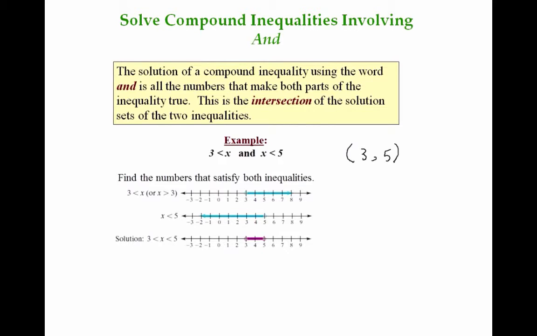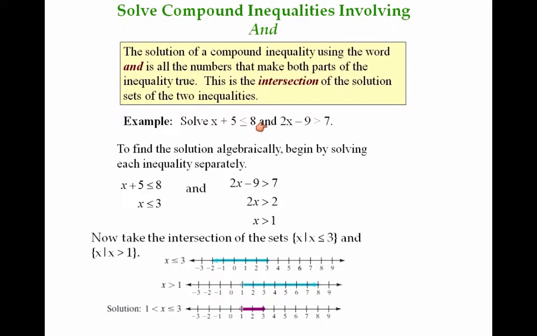That's how you write the answer. So and means intersection. Let's take a look at some more examples for and. Here we have two inequalities, x plus 5 less than or equal to 8, and 2x minus 9 greater than 7. In this case, we're going to solve these individually. Here I'm going to subtract 5 from both sides of the inequality. I get x is less than or equal to 3.